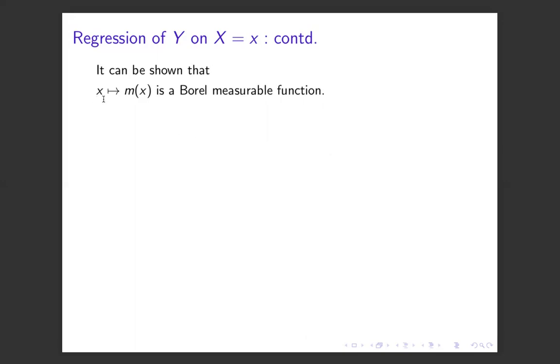So this is a function from the real line to the real line. Borel measurable function basically means that M inverse of any Borel set is again a Borel set. A Borel set is something which can easily be generated or described in a formal sense, in terms of open sets, closed sets, semi-closed open sets, and things like that. They are basically obtained out of countable unions and countable intersections of such sets, the countable operations on such basic sets.